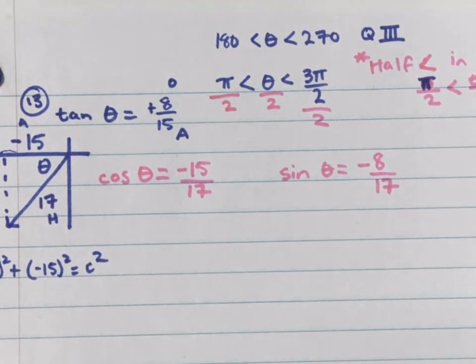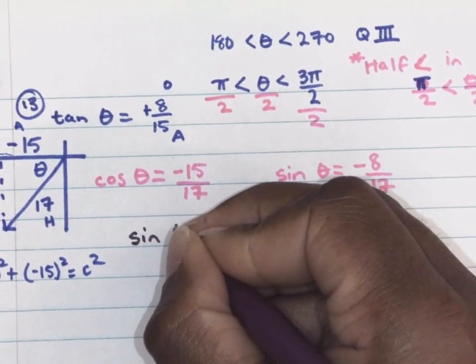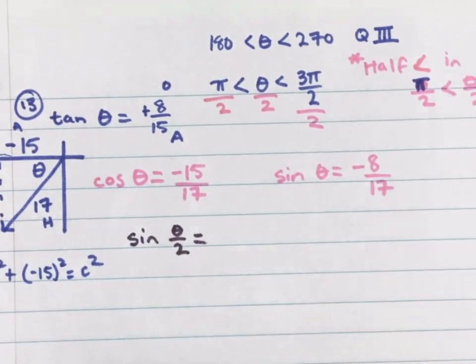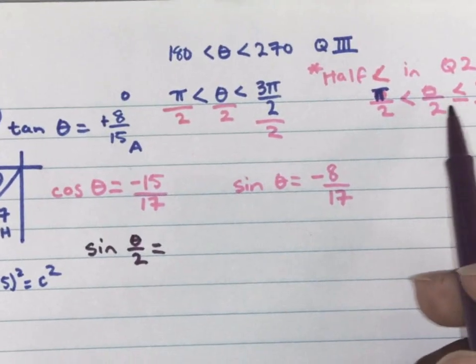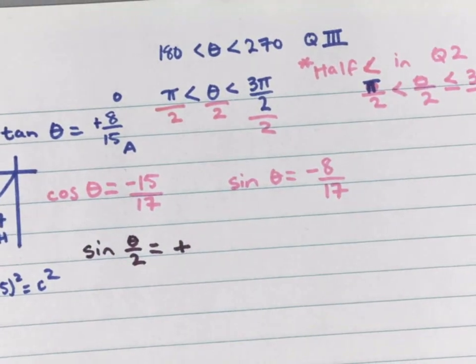Let's put these into our formulas. First, we'll do sine's half angle. And remember, our half angle's in the second quadrant. In the second quadrant, sine is positive, so we'll choose the positive option. And I'll follow the formula.